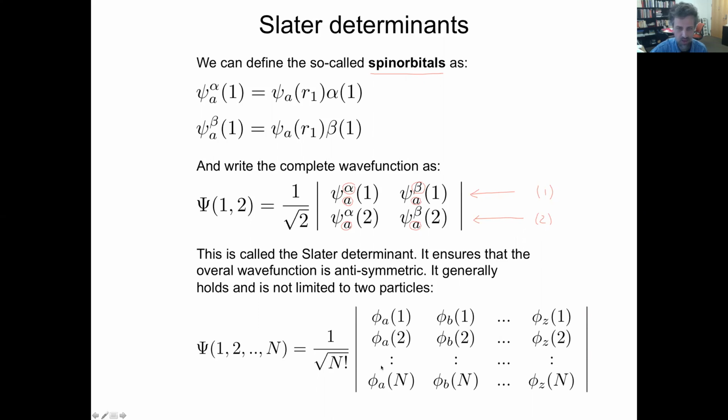So that is given over here, where I have on the first row, once again, all possible spin orbital states in which particle 1 can sit, all possible spin orbital states in which particle 2 can sit, all the way to particle number n. Okay, so you construct it in exactly the same way, and then do the determinant, 1 over n, with this factorial here, and that will give you the normalized anti-symmetric wave function.